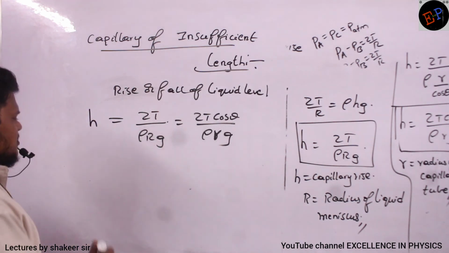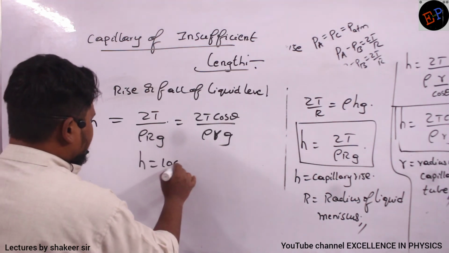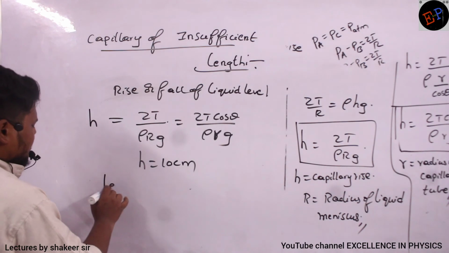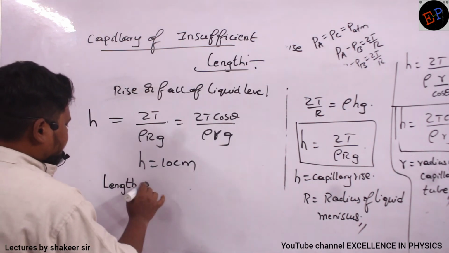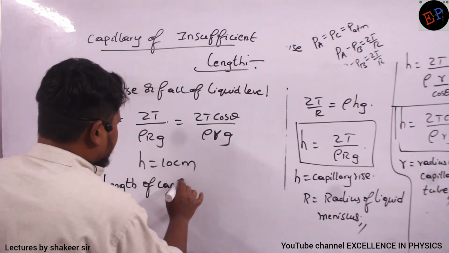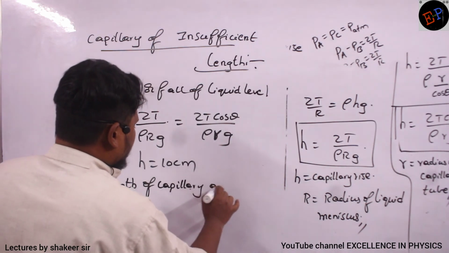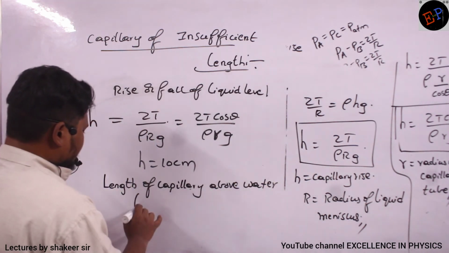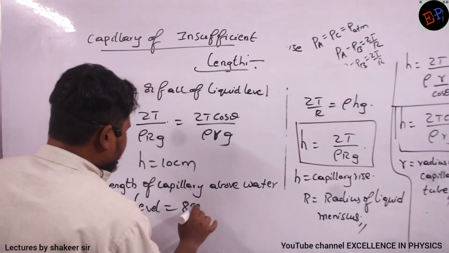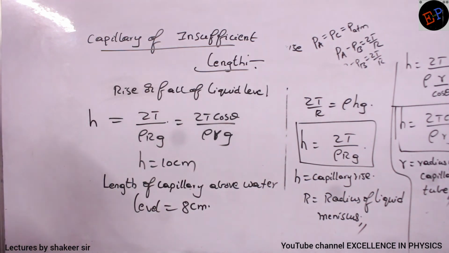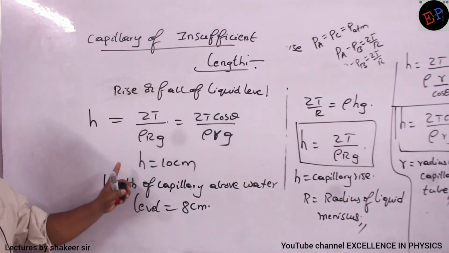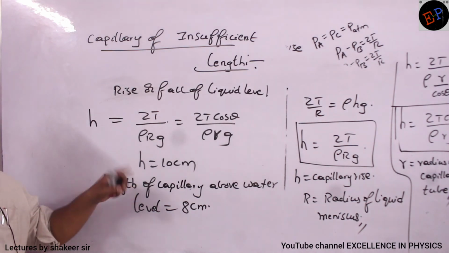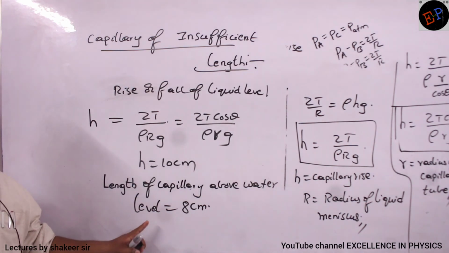For example, if h value is 10 centimeter, so the length of capillary above the water level is only 8 centimeter. Water will rise to 10 centimeter, but what is the length of the capillary I am taking?